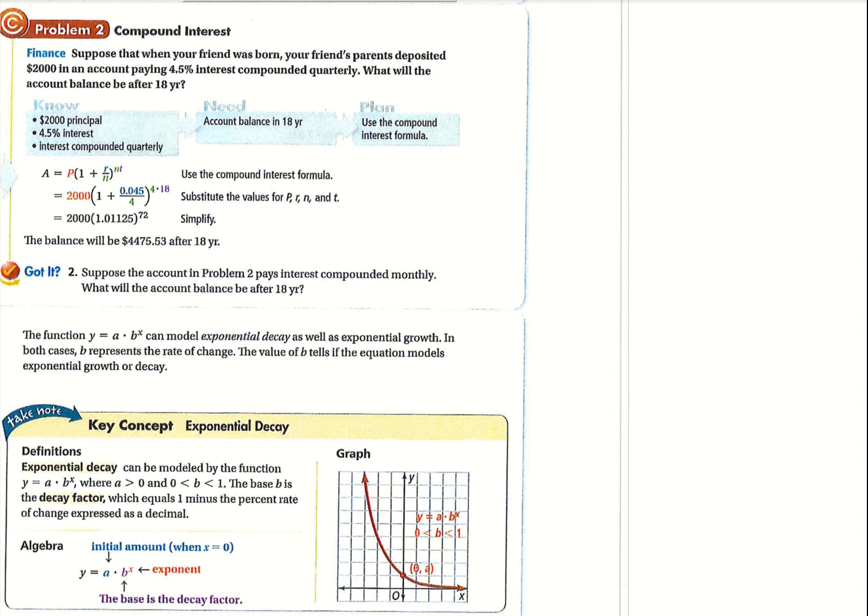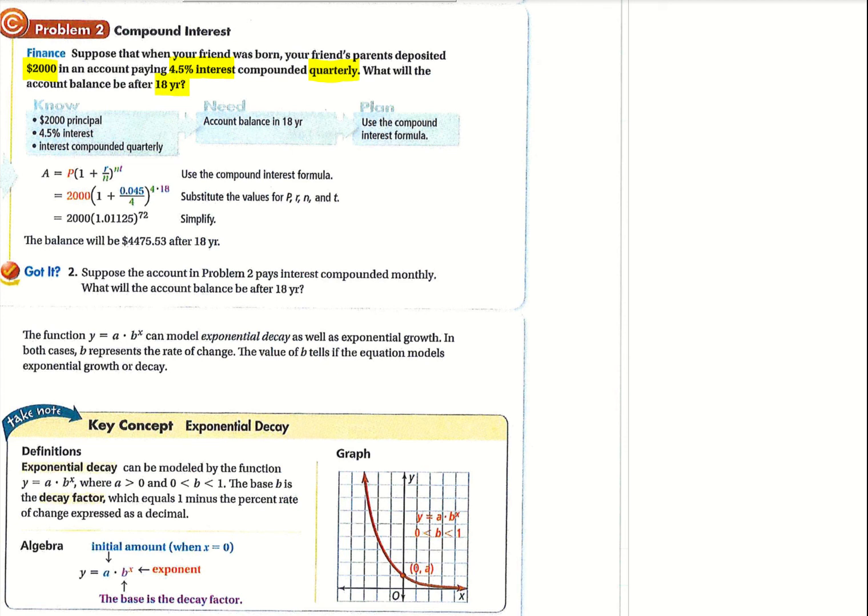Okay, so there are a lot of different things that we need from this example. We need our $2,000, we need our 4.5% interest, and we need to know that it's compounded quarterly. And then lastly, we need to know what it will be after 18 years.